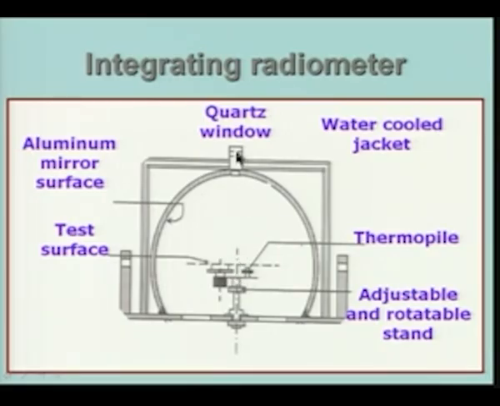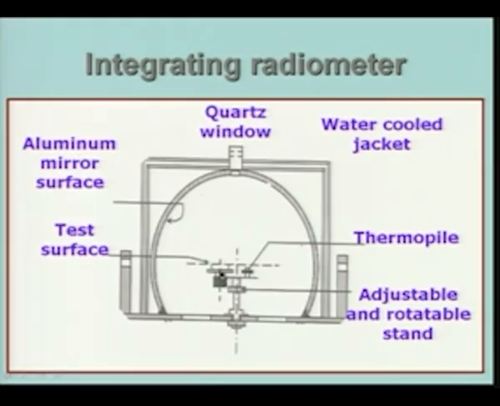If you take this as the vertical axis, the sample or the test surface is placed here, and the thermopile, which is the detector for radiation, is placed on this side, such that whatever light leaves at this place will, after being reflected and focused, impinge on the thermopile. It is a focusing arrangement.